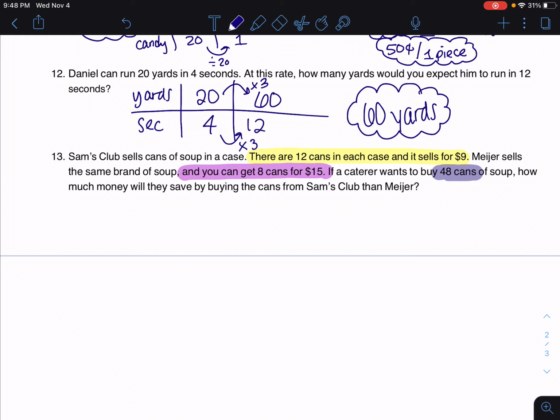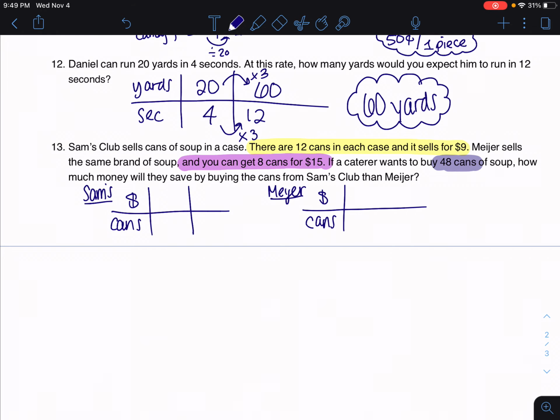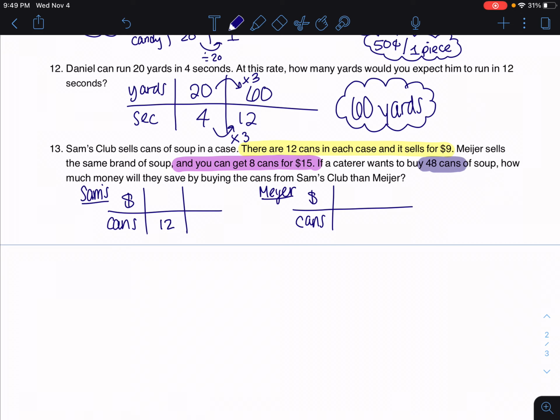So I'm going to have 2 tables. I'm going to have 1 table for Sam's, and I'm going to have 1 table for Meijer. So I've got the cost, and I've got the number of cans in both tables. So I've got cost and cans. At Sam's Club, there are 12 cans in each case, and it sells for $9.